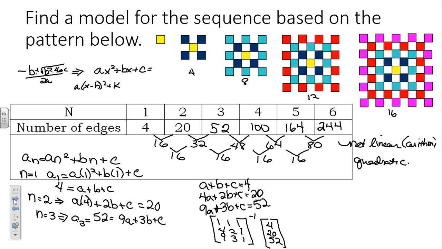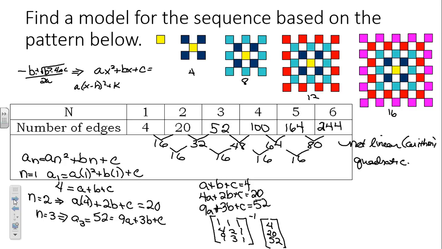And when we do other problems of this type, they're going to have the same basic pattern, but maybe a different answer, right? The 4, 20, and 52 will change, but we'll always have a first term, a second term, and a third term. So we'll always have a plus b plus c is something, 4a plus 2b plus c is something else, and 9a plus 3b plus c is another thing.